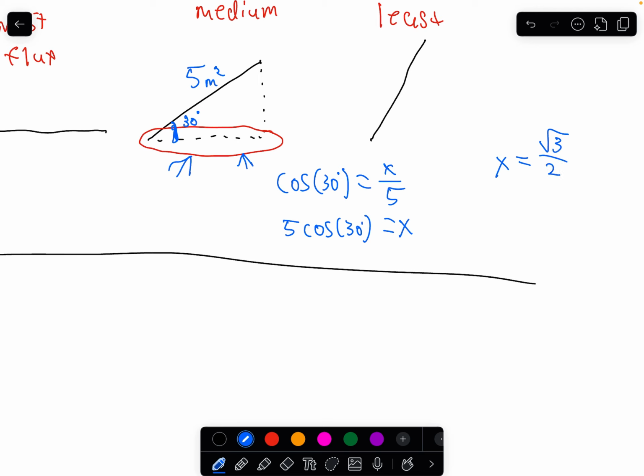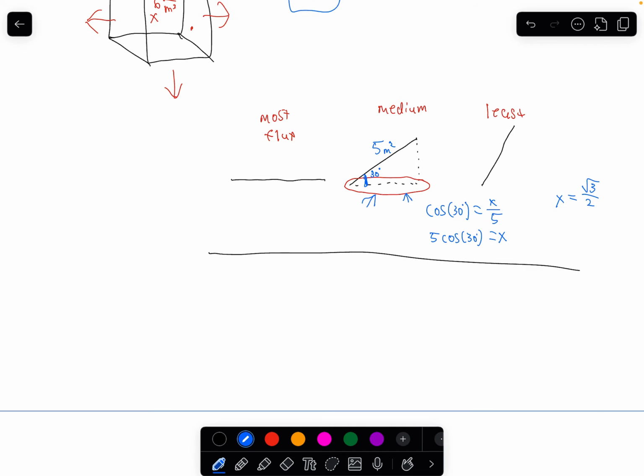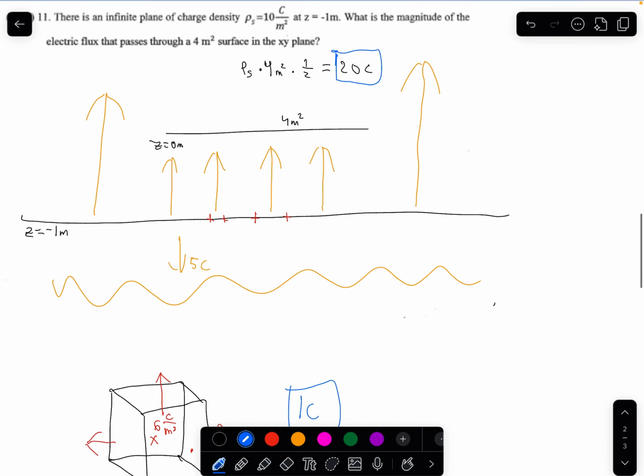And there's your answer. So luckily on the exam, we didn't have something with this difficulty, but if we did, it's important to realize that that's how that works.